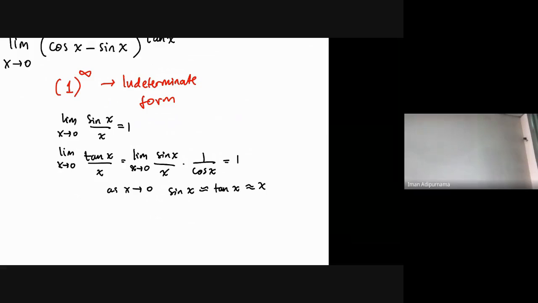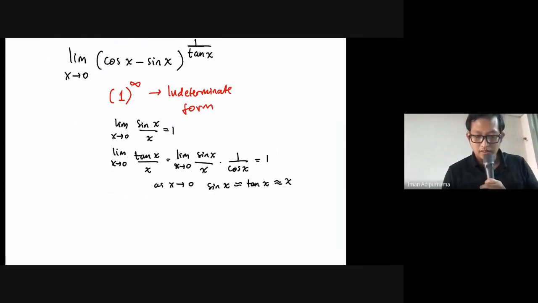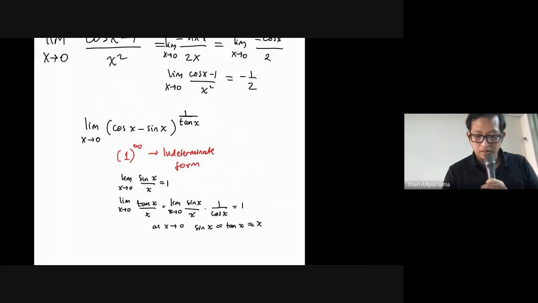If sine x over x is 1, then sine x is x in the limit as x nears 0. And let's take a look at this, the minus half.